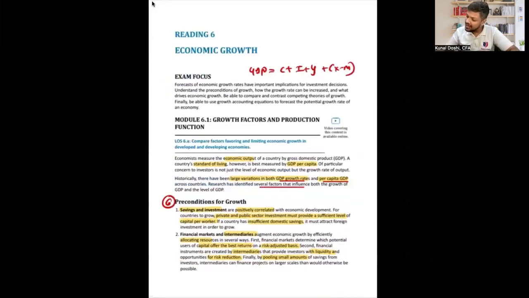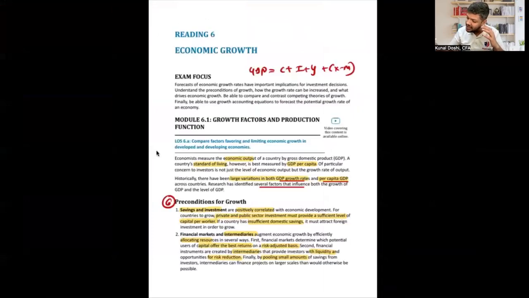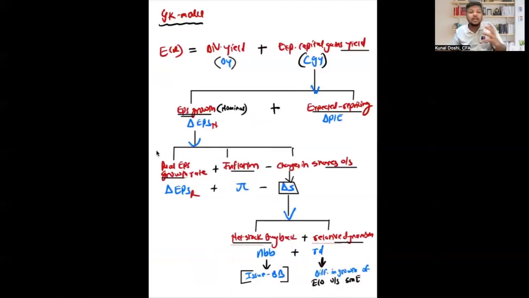Right? This is the end of economic growth and end of your economics. I've put all the formulas. So if you carefully see, we have covered various aspects in this. We understood the different preconditions for growth. We did the Grinold-Kroner model to understand the expected return on equity based on the economic growth.